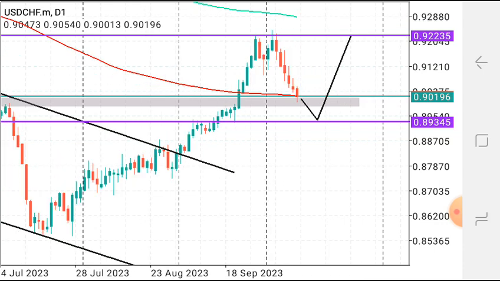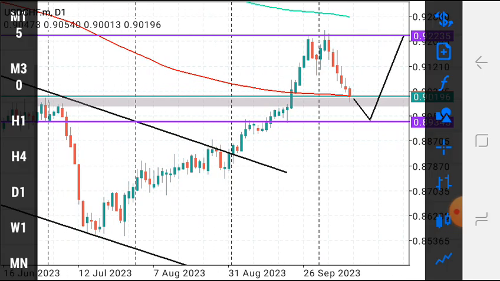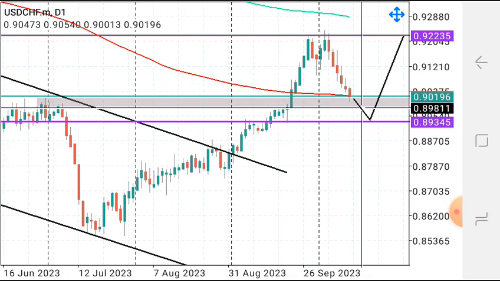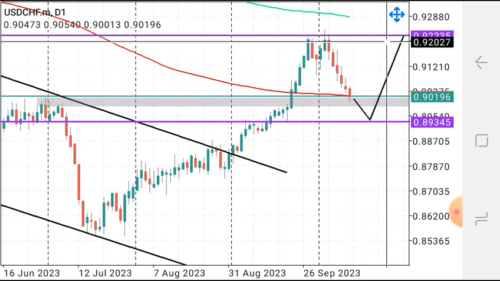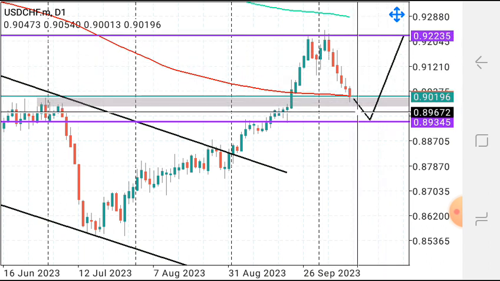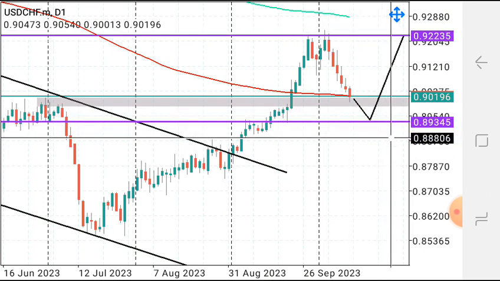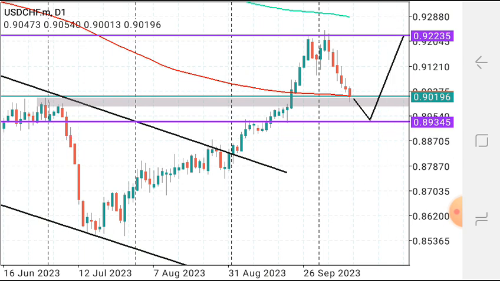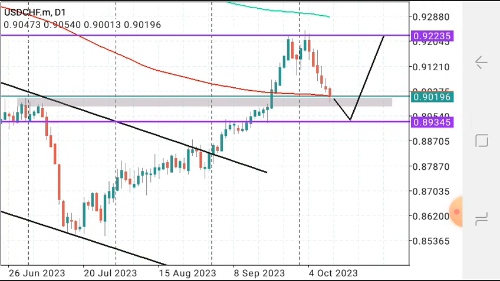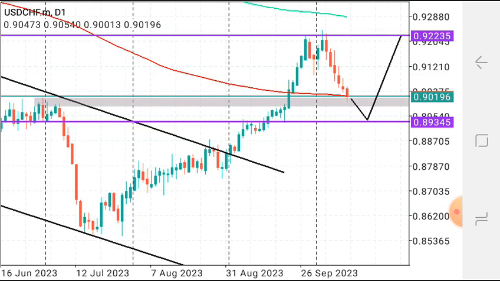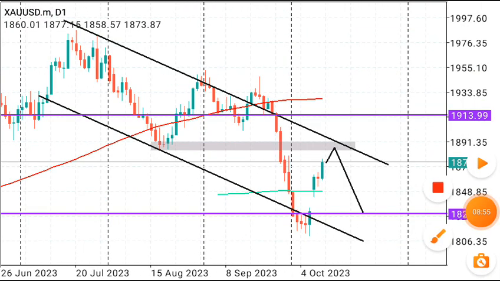So I'm expecting that price could just buy from here and move up, or drop a bit further according to the pair correlation, and then from here we could start buying with stop losses just below the previous demand zone. I'm anticipating buys on the USD/CHF and most of the USD pairs.